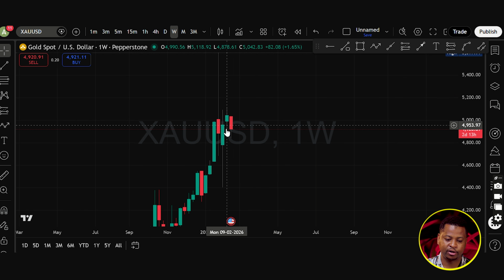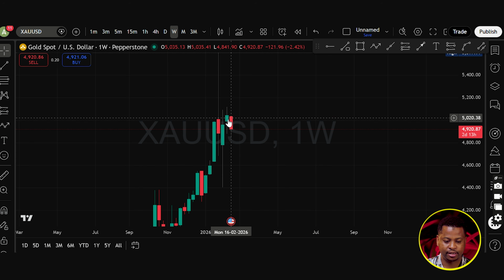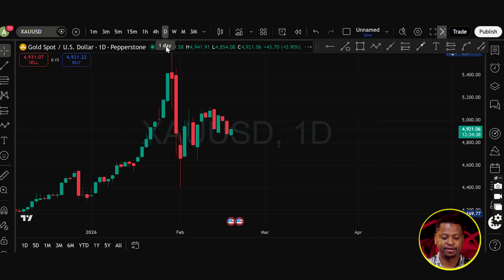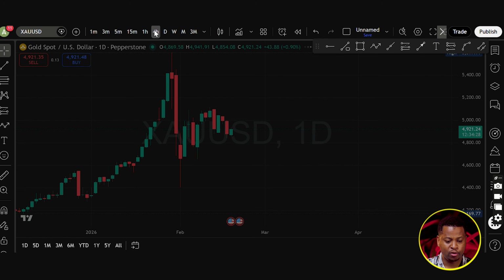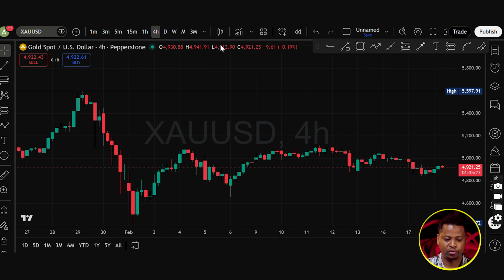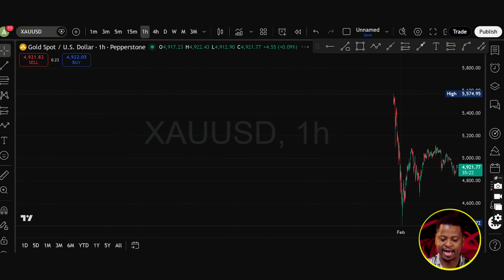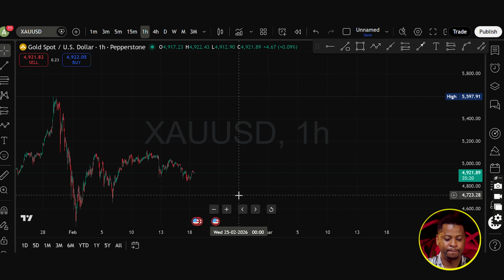So this candle, as you can see right here, these are weekly candles, so it looks like just one candle. But if you go to the daily time frame, now you start noticing the noise that is in there. Now you start seeing the structure forming. And now you go to the 4-hour, you go to the 1 hour, and you start clearly seeing the higher highs and higher lows being formed.